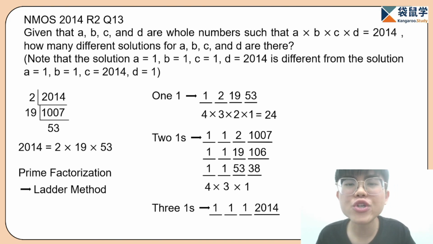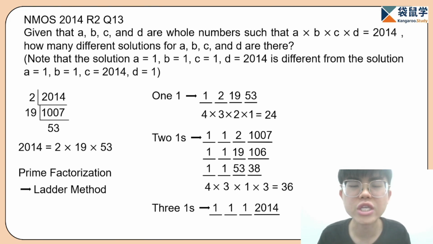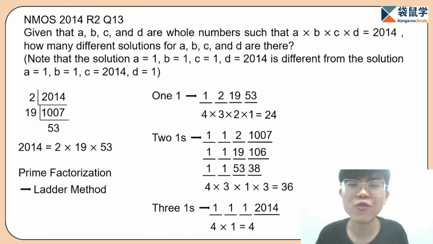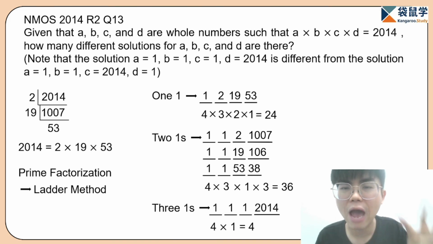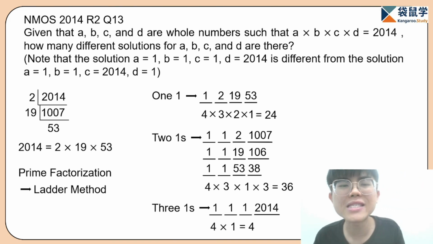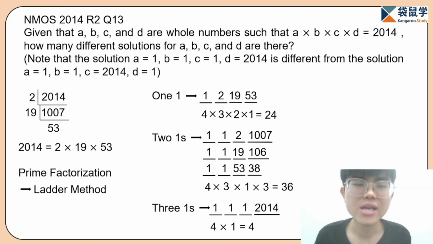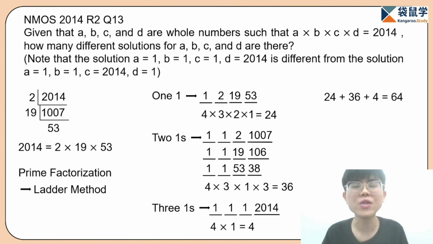You can see that there are 3 different combinations here, so we multiply by 3, which is equal to 36. Finally, we have 4 times 1, which is equal to 4, since 2014 has 4 choices, and after 2014 takes one of the letters, say letter A, the remaining numbers are all 1. To find the answer, we just sum up all of these numbers, which gives 64. And this is our final answer.